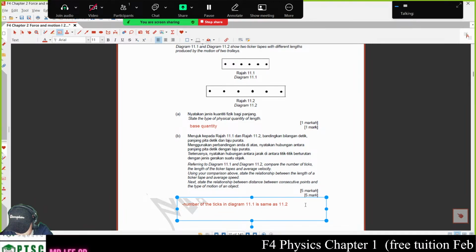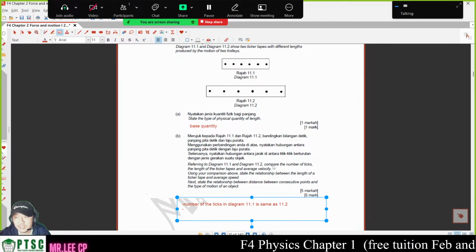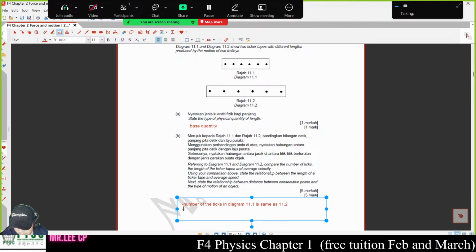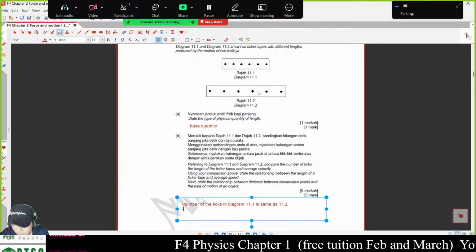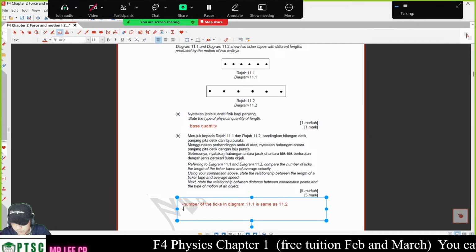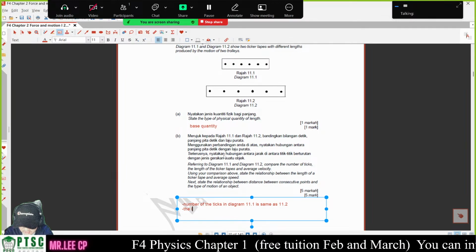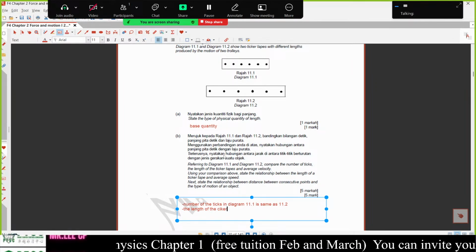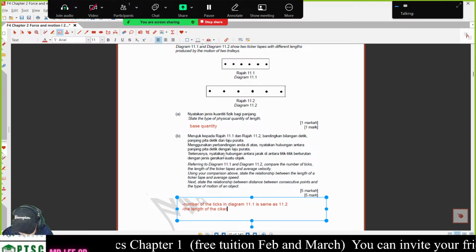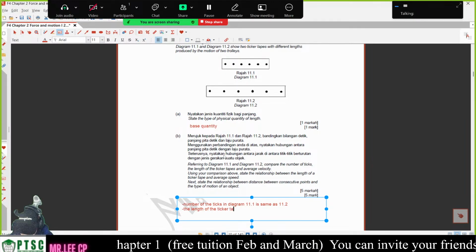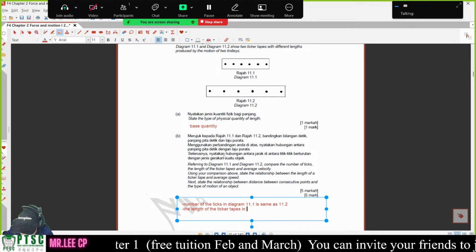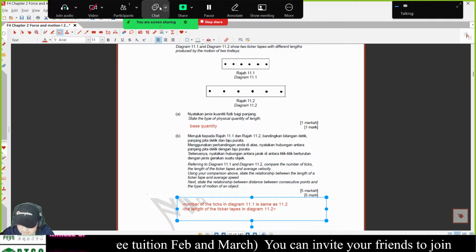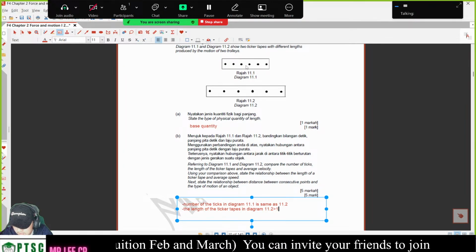The next question, what are they asking you? Compare the length of the ticker tape and compare the average velocity. Compare the ticker tape, which one is longer? 11.2. So the length of the ticker tape in diagram 11.2 is greater than 11.1.